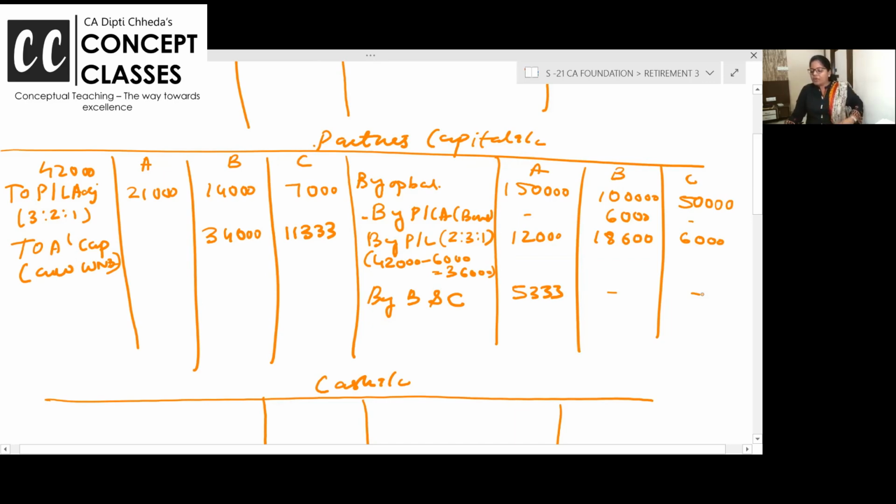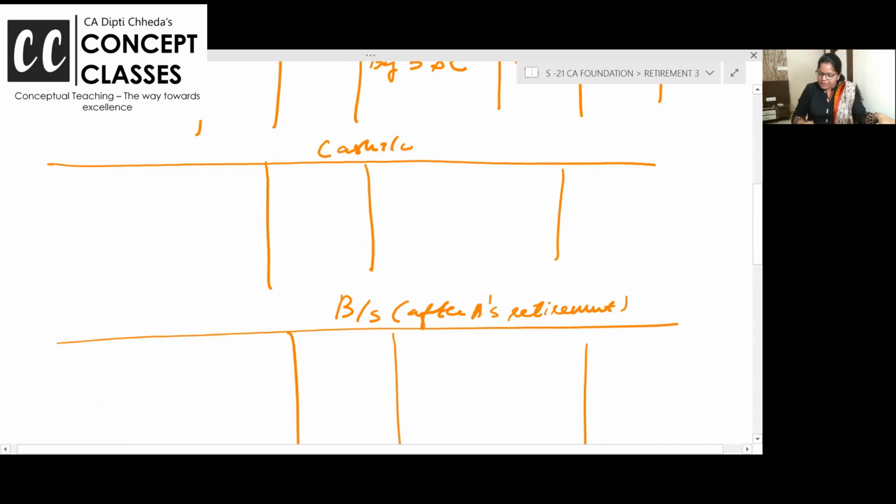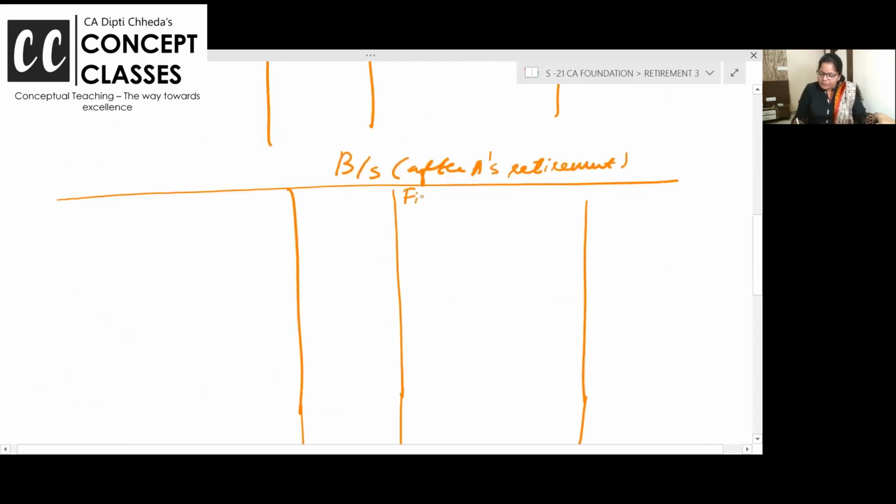Nice. Is this clear to all of you? A is the outgoing partner, give the goodwill, and the other two partners debit the goodwill. Chalo, next adjustment, I am going very quickly. Third, come to the revaluation account. Fixtures are to be revalued at 39,800. First write in the balance sheet. Fixture, how much is fixture? 30,000.